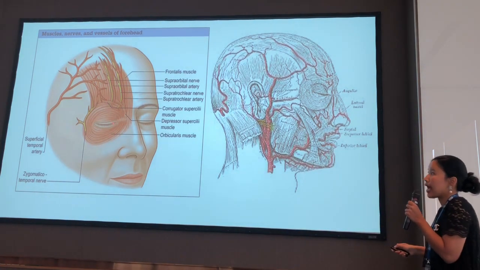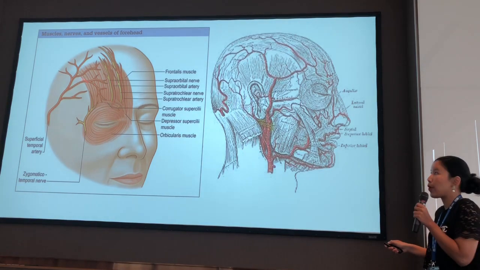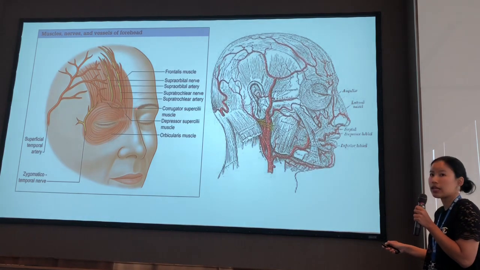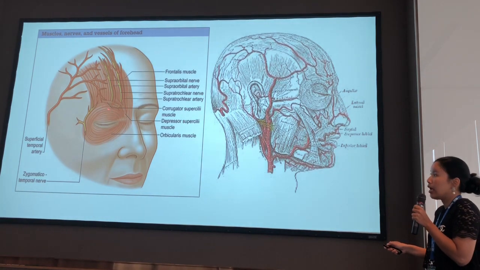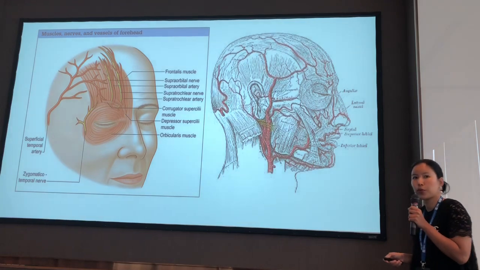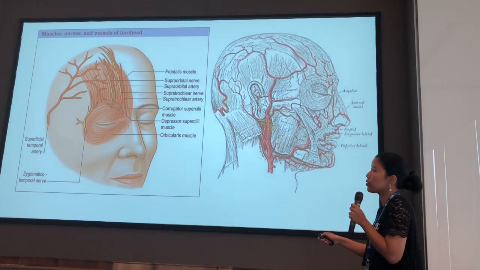We can see from this wheel that for the forehead, the vessels that mainly feed this area are the supratrochlear artery and the supraorbital artery. They anastomose with the frontal branch of the superficial temporal artery, and also with the vessels that feed from the nose.